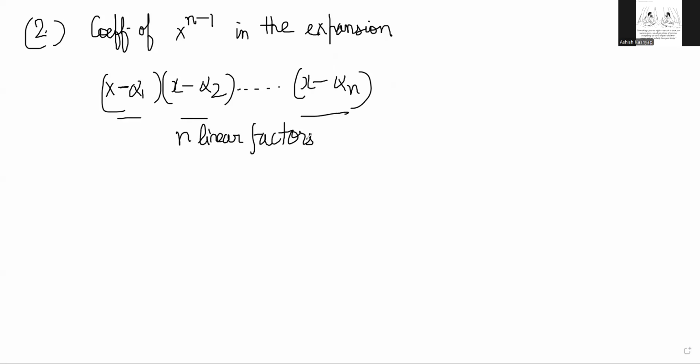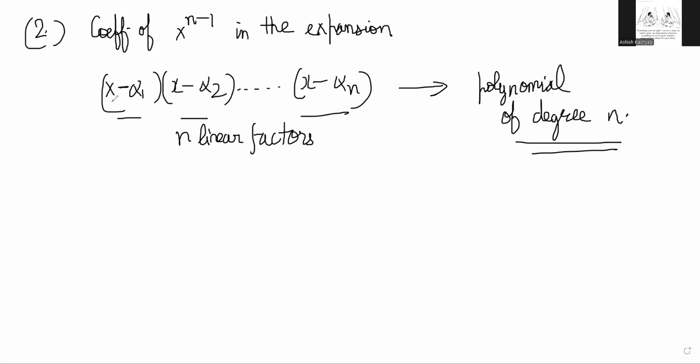So obviously it should be a polynomial of degree n. Also notice that the coefficient of x in each of these factors is 1. So if somebody asked me the coefficient of x power n in this polynomial, the answer would be simply 1.